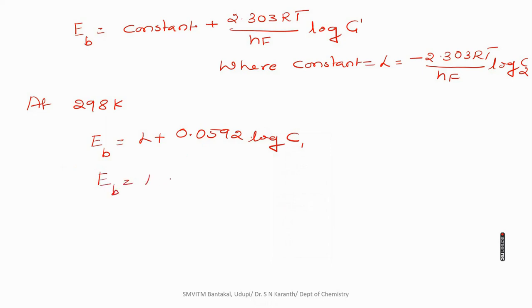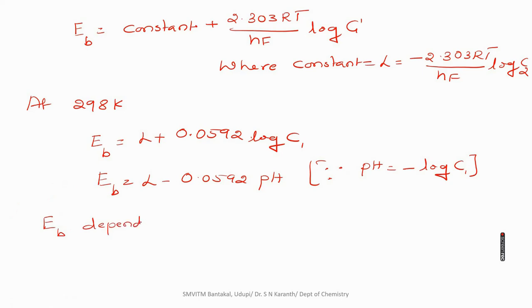And you know that pH is equal to minus log concentration of H+. In this case, pH is equal to minus log C1, so we may represent EB as L minus 0.0592 pH. From the equation, we see that EB depends only upon the concentration of H+ ion.